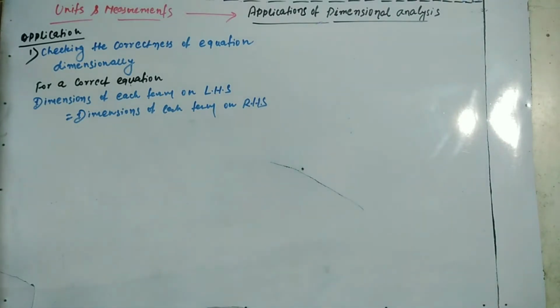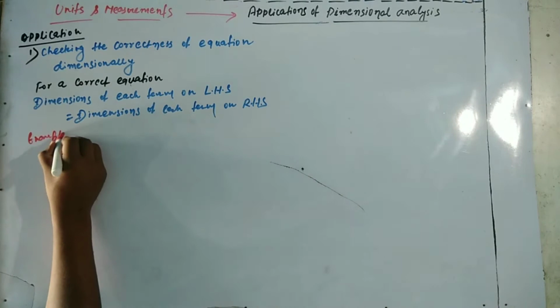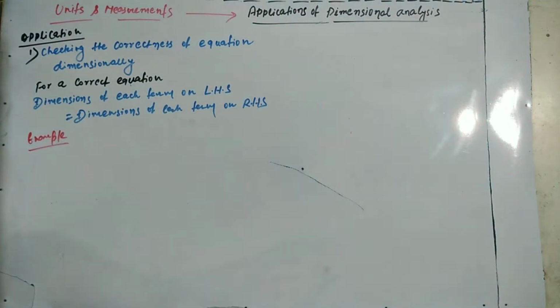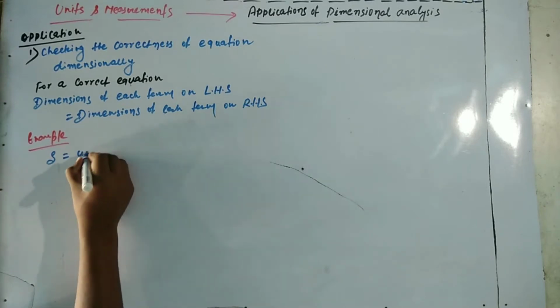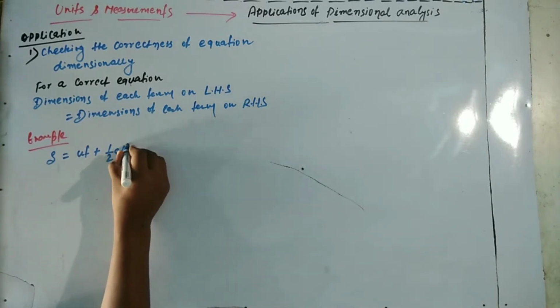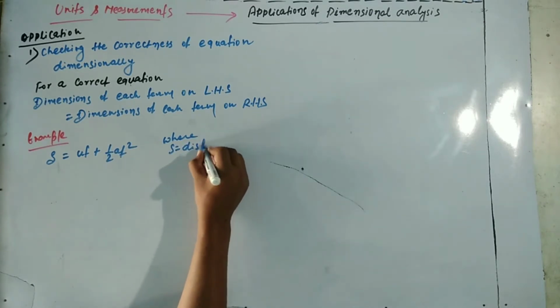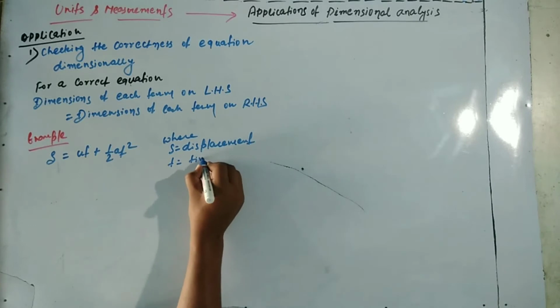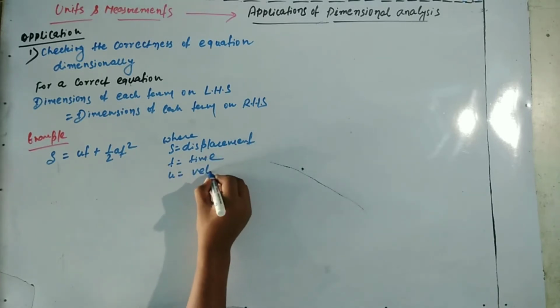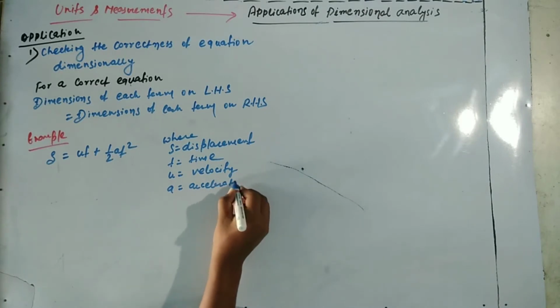For this, we take an example. Suppose the given equation is S equals ut plus half at square, where S equals displacement, t equals time, u equals velocity, and a equals acceleration.